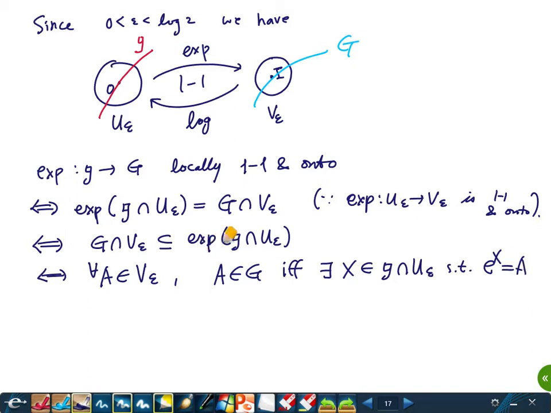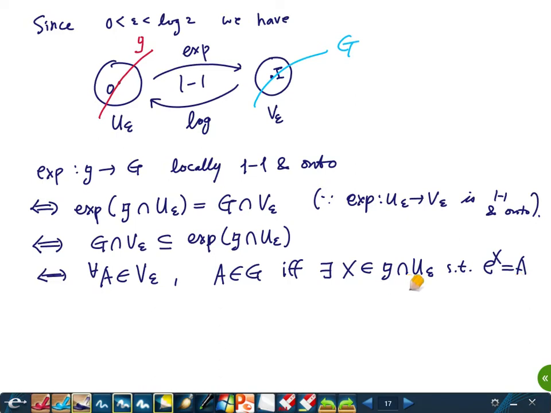That's what this is saying. For every a close to the identity, a is in the group if and only if it is an image of this exponential.